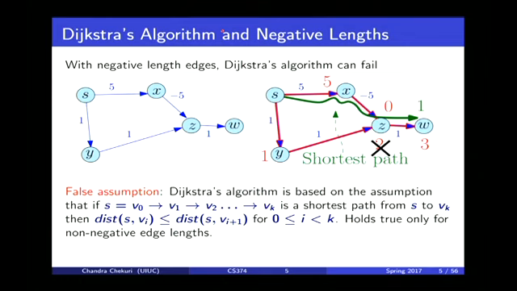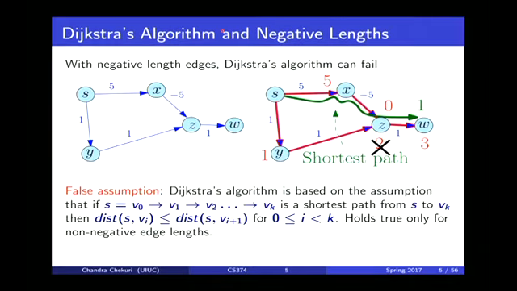If I have a shortest path from S to a vertex Vk, we know that for everybody in the middle, this is also a shortest path. That is true whether the lengths are negative or non-negative. But it is not true that the length of the path to the middle guy is actually shorter than the length to the last guy.